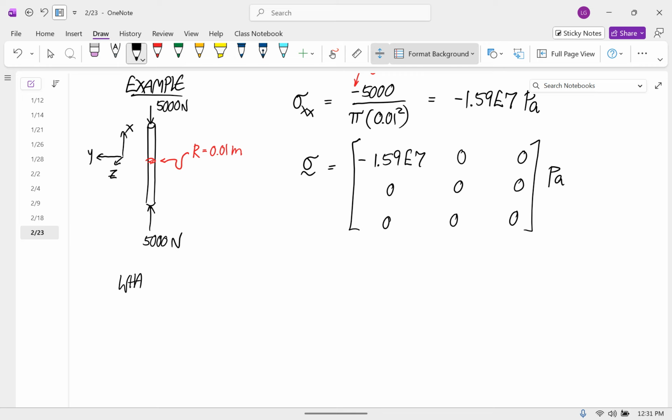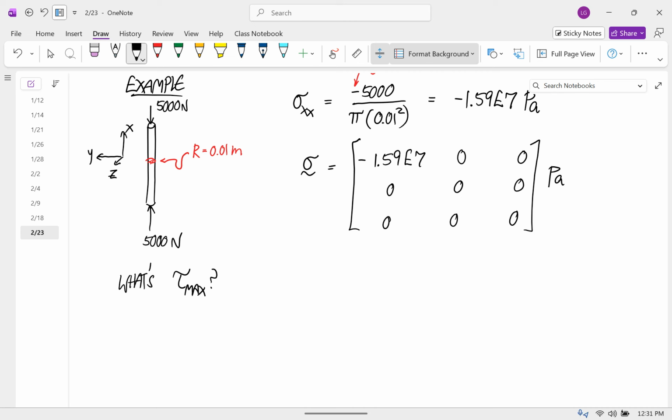What's the maximum shear stress in this bar? Well, to calculate the maximum shear stress, you first have to get the principal stress tensor. How do we get the principal stress tensor from this?